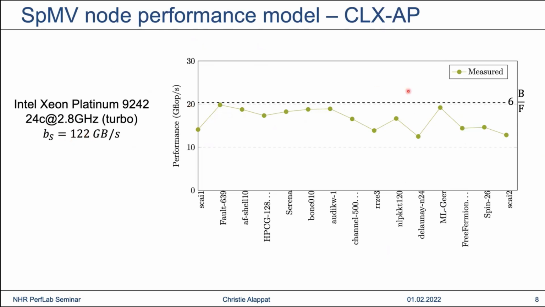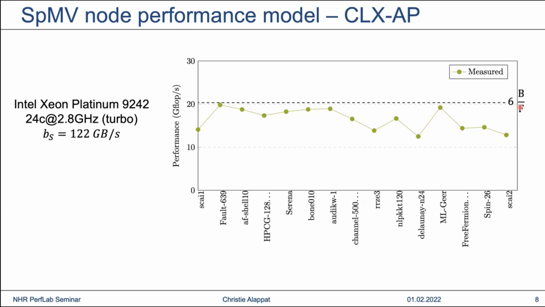So the lower bound code balance, which we saw, was 6 bytes per flop. So 122 divided by 6 should give us something around 20 gigaflops per second. And we see that even with this naive assumption, for most of the matrices, we reach close to the estimated performance.